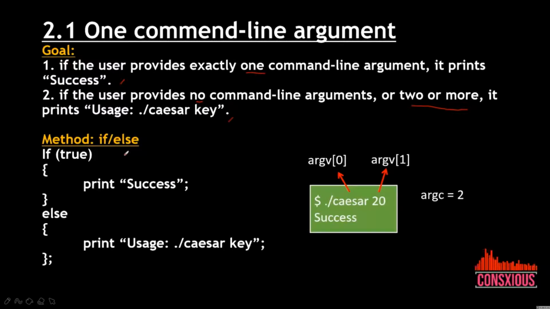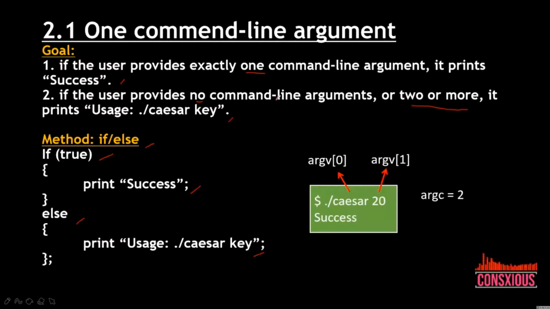From here we're gonna use a method called if else. So if the condition is true, we print this output. Else we print this output. So it's quite similar to here. We also can use the concepts that we explained just now, argument vector and argument count.